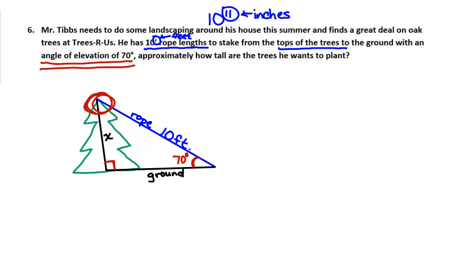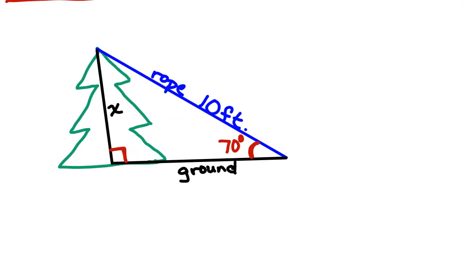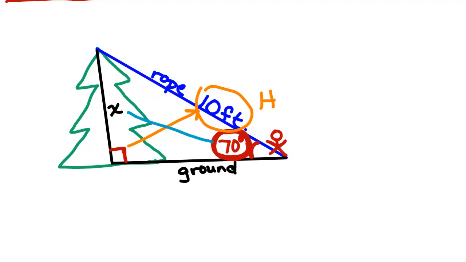He's got to attach it, but he's going to be up on a ladder, and then when he attaches it to the ground, he's going to be standing down there. So here's my 70 degrees. So this is where Mr. Tibbs is standing. What's the hypotenuse of this triangle? 10 feet. What's the opposite side? X. So where's the adjacent side?